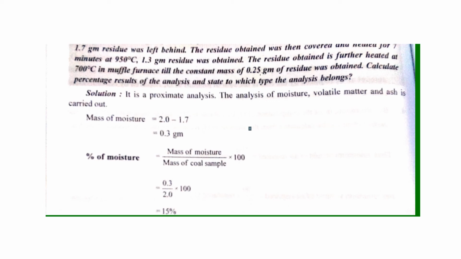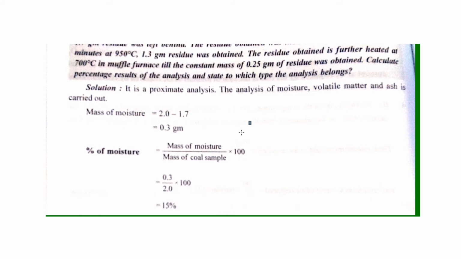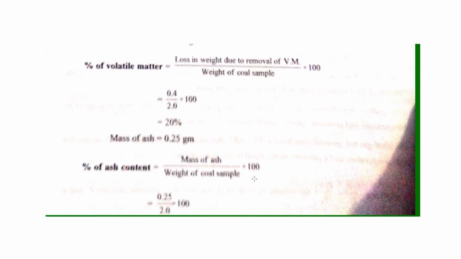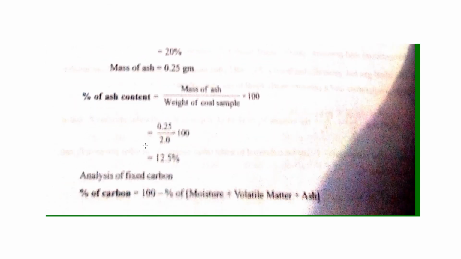So this is the mass left behind in the form of ash. So percentage of ash is mass of ash upon weight of coal sample into 100. You put here 0.25 upon 2 into 100, so we get 12.5%.